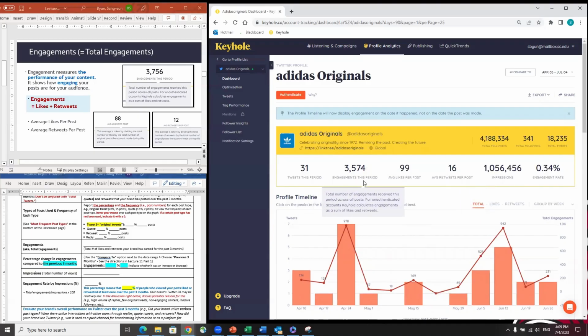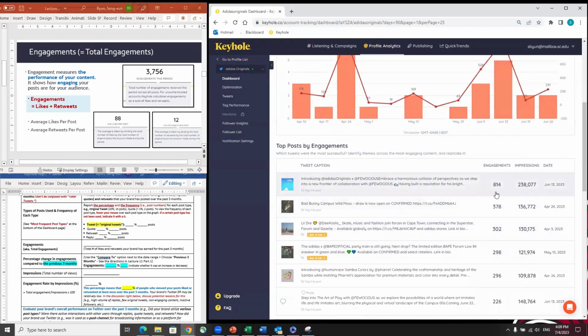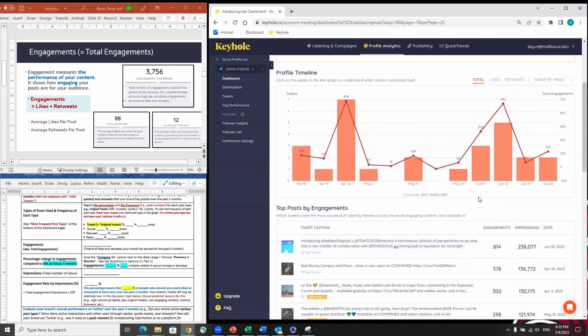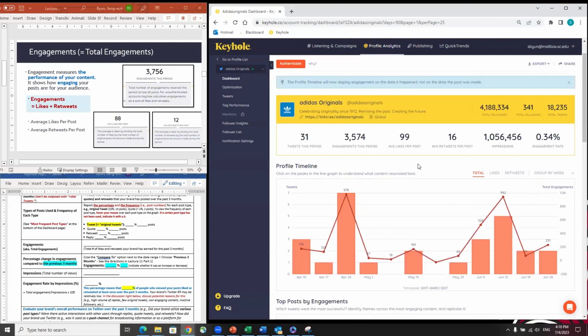Okay? You can see the number of engagement is over 3,500 something, but intuitively you can see this is not enough compared to the number of followers and compared to their brand size. If you scroll down, you will see the number of engagement per post is actually not really great. You will find better insight as you browse more data. And also you can find better insight about engagement by comparing with other brands.